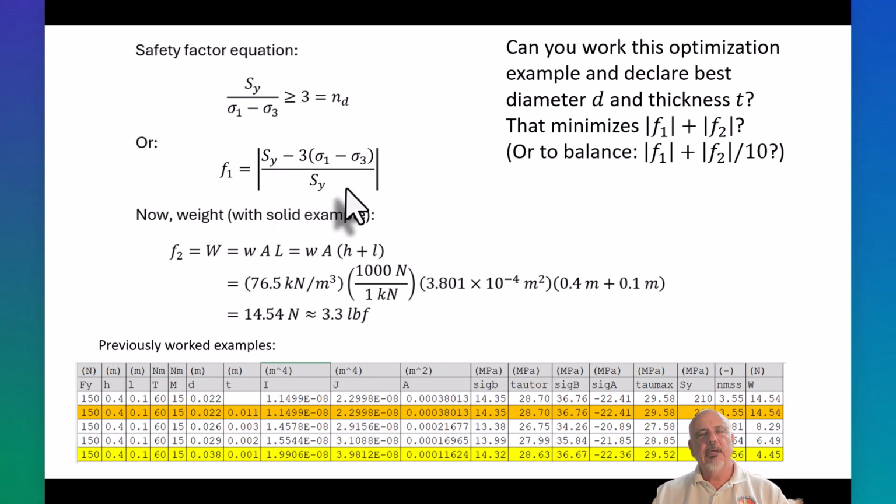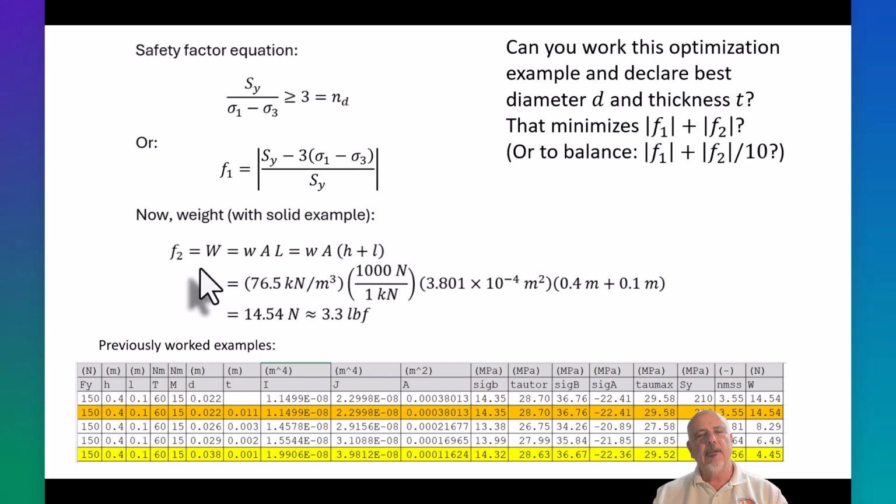But I went ahead and showed it as absolute, and then I had to go back and check to make sure it had the right sign. So SY minus 3 times sigma 1 minus sigma 3, divided by SY. I wanted the numerator to be 0, and I normalized it because comparing F1 to F2 got a little bit unwieldy.